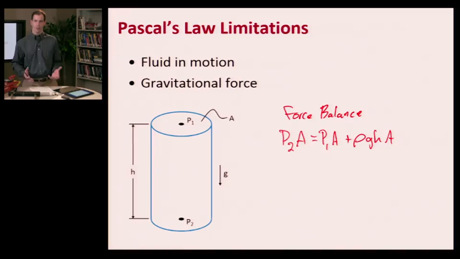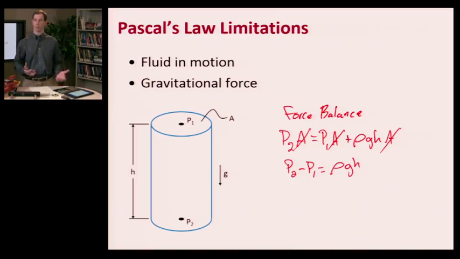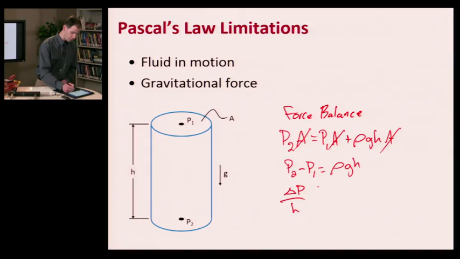And as I look at these terms, I can recognize very quickly that I've got areas in all three terms, so I can cross out my areas. And then my pressure differential between the two would be, in this case, P2 minus P1, which ends up being just rho g h. And if I'm interested in what the pressure drop is, or the delta P, with respect to a given height, I can divide that out and say my delta P, which is just P2 minus P1, divided by h, is just rho times g.